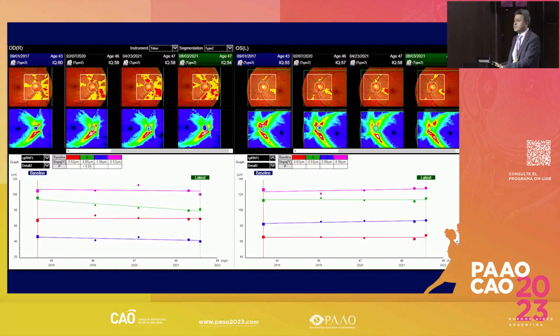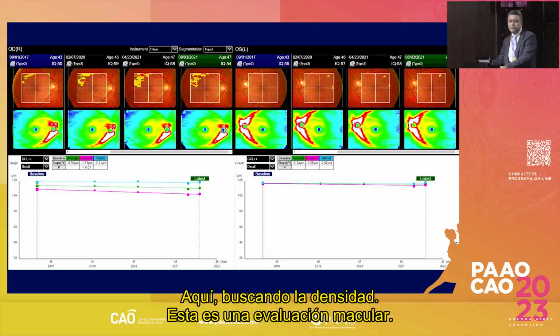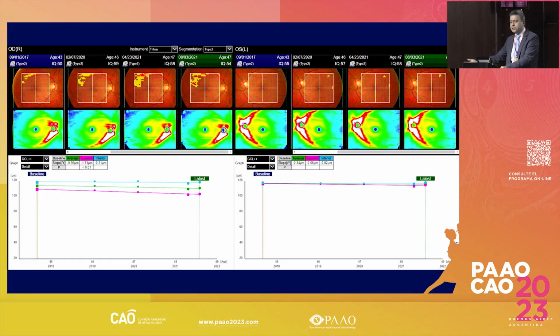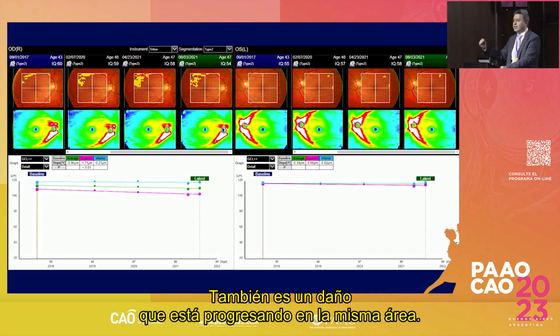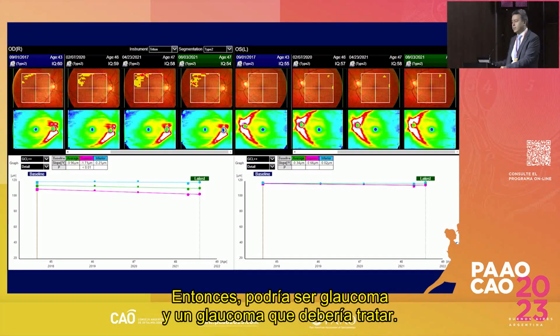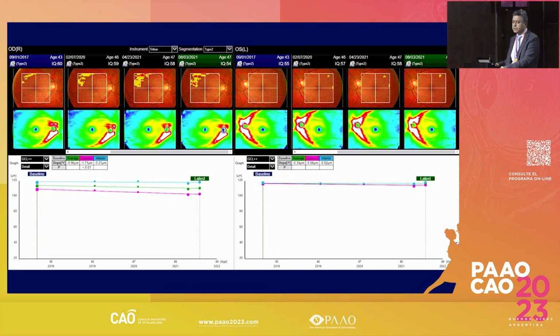So it makes sense. And here, looking at the density, this is the macular evaluation, there is also damage that is progressing in the same area. So it might be glaucoma, and a glaucoma that you should treat.